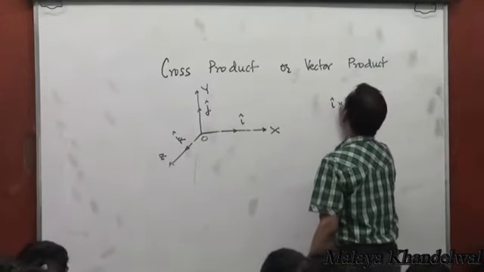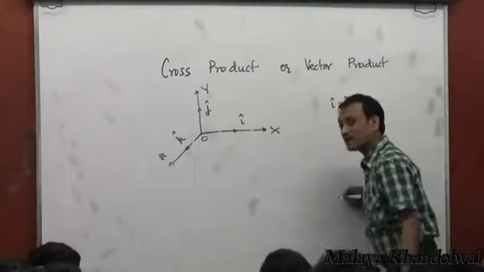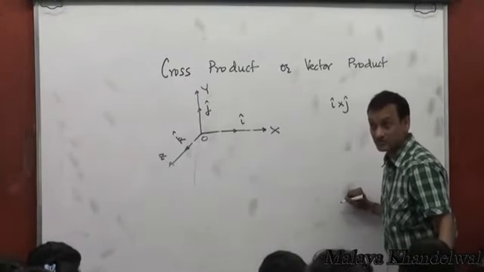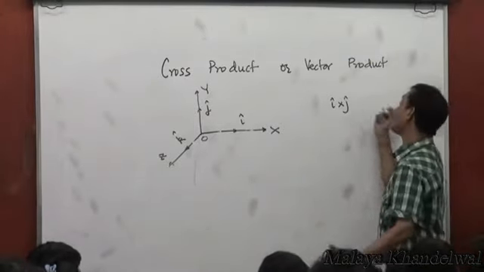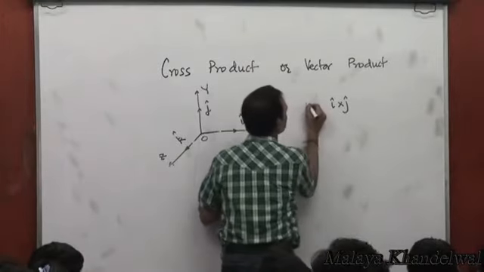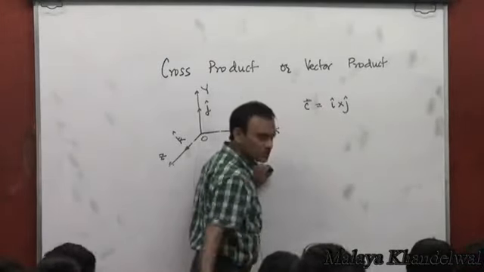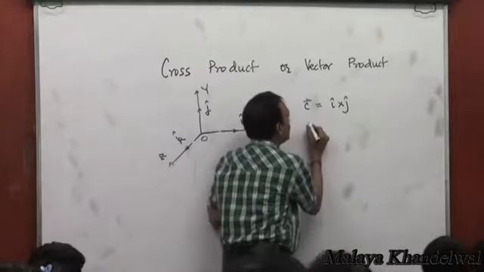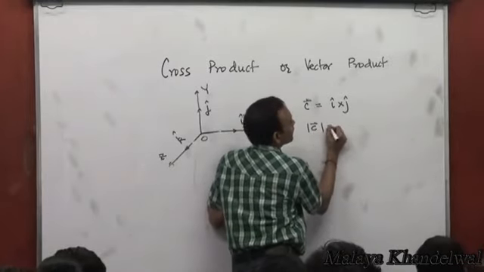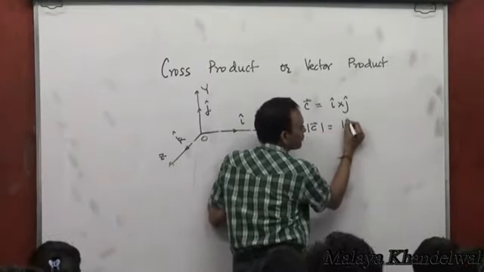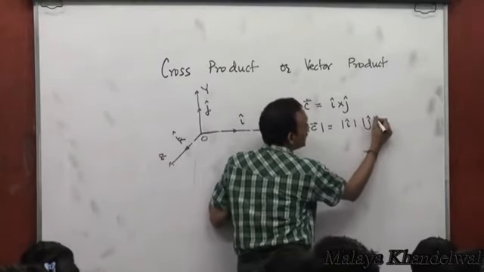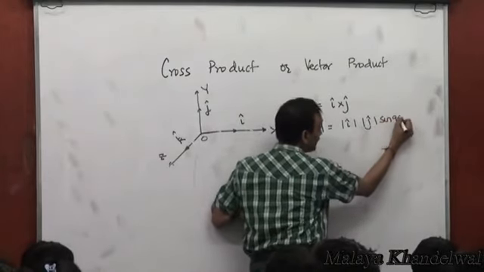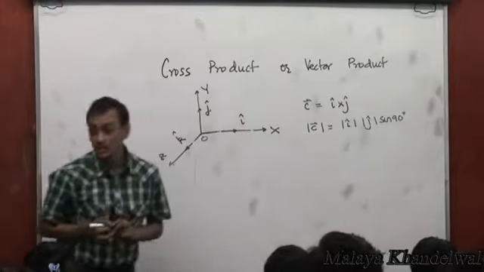Now, if I have i cross j, i is a vector, j is a vector. Then this will be a vector c, let's say. Now, magnitude of c is going to be magnitude of i into magnitude of j into sine 90 degrees, because the angle between i and j is 90 degrees.